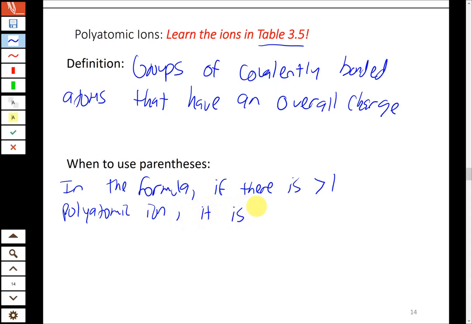This is just to familiarize you with how these are going to be shown in formulas. And the subscript that indicates how many of that ion there are in the formula is going to be outside the parentheses.